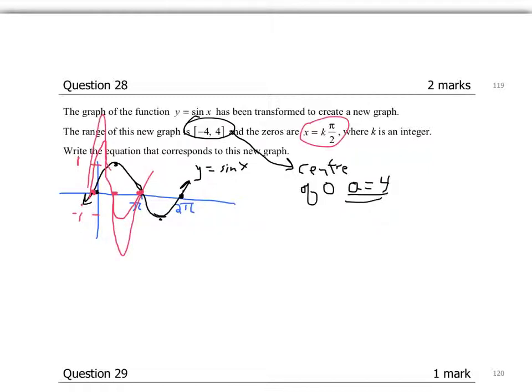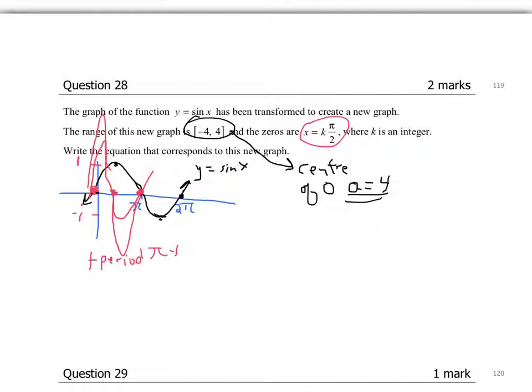It shoots up as far as 4. I think I can convince you that, because there's a 0 at every pi over 2 instead of every pi, the period of this new graph is pi.